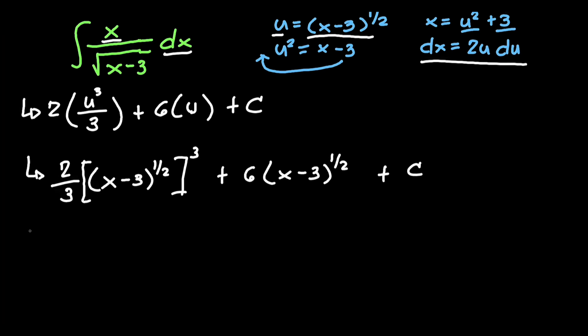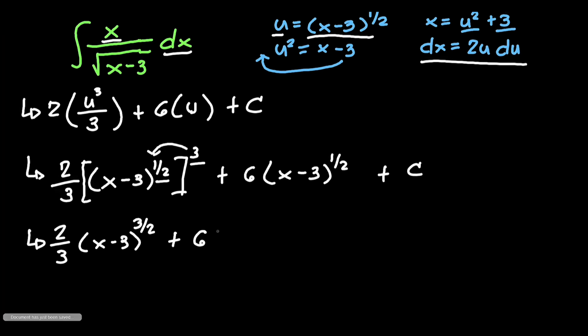Let us start simplifying this. 2/3 multiplied by x minus 3, 1/2 raised to the power of 3. It is simply 3 multiplied by 1/2, which is 3 halves, plus 6 multiplied by x minus 3 raised to the power of 1 half, plus c.